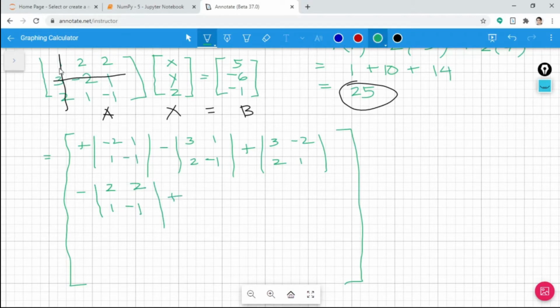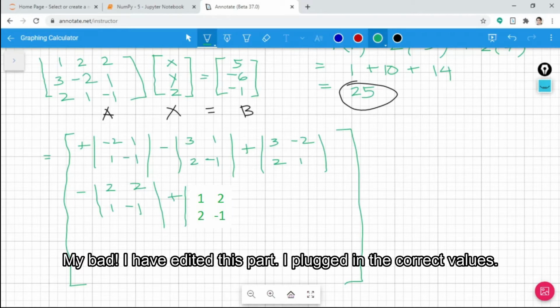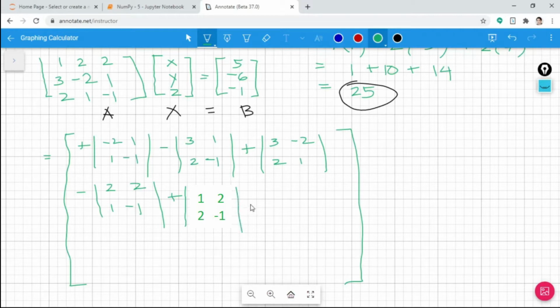I will not write the black anymore, I know you already know the pattern. So this one is 1, 2, so this one is 2 and 1. It looks like 21, but this is actually 1.